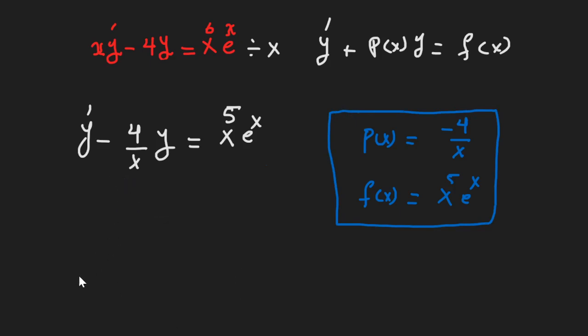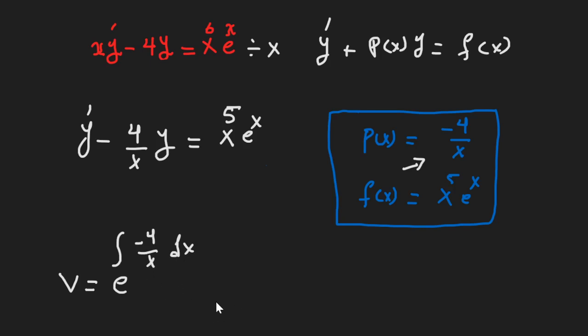We said that the integrating factor, or basically v, equals e raised to the integral of b of x, which is minus 4 over x dx, and now you can integrate this.